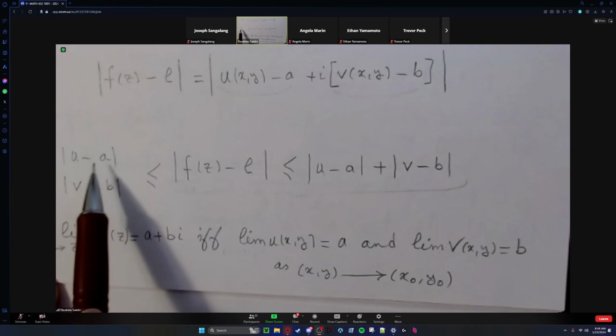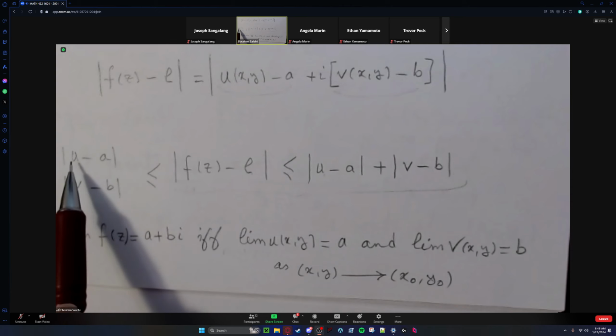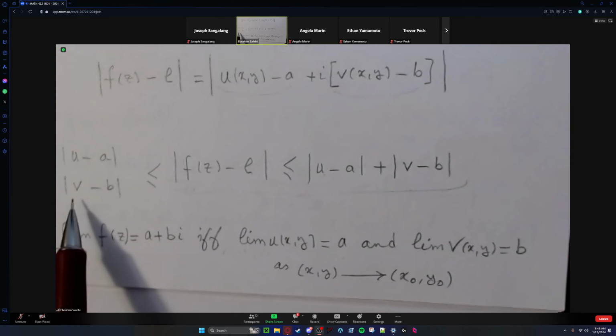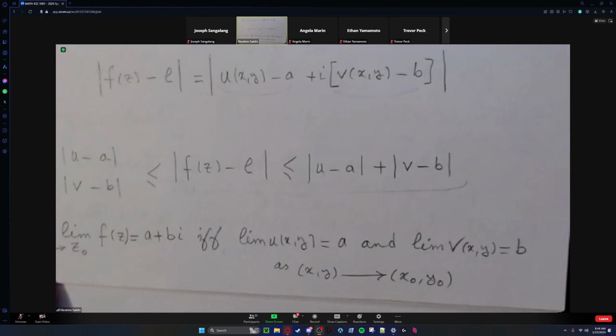Now, the limit of this guy being 0 means the limit of u is A, and here the limit of v is B. Okay, so if the limit exists, the limit of the real part and imaginary part also will exist and is A and B.